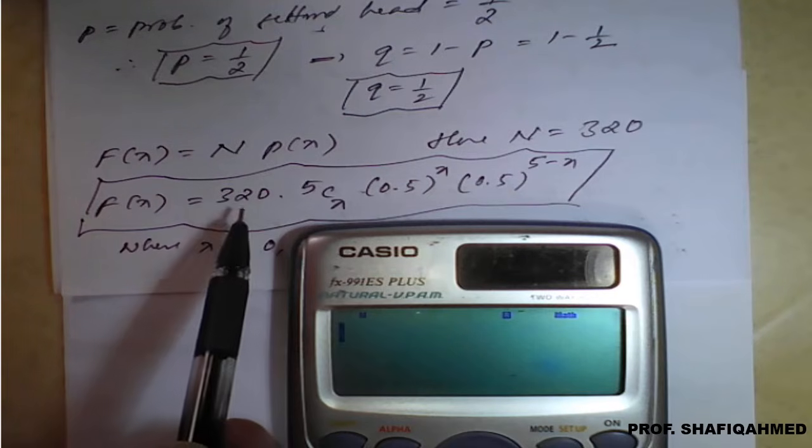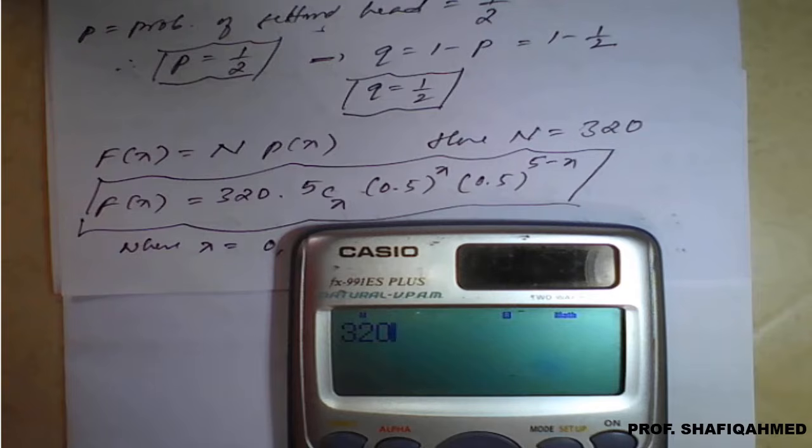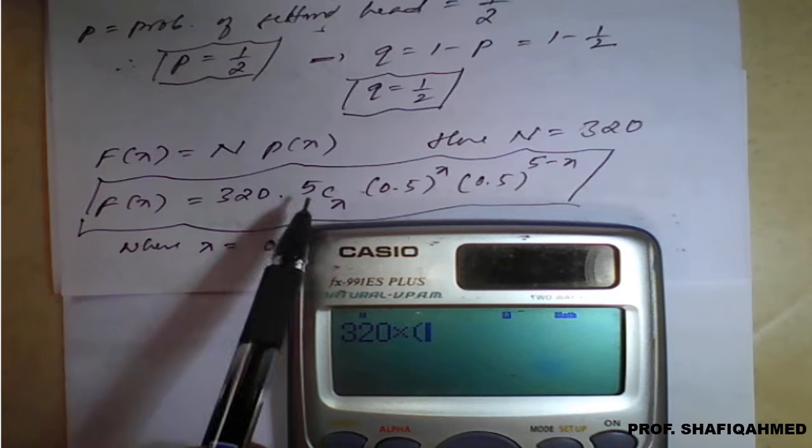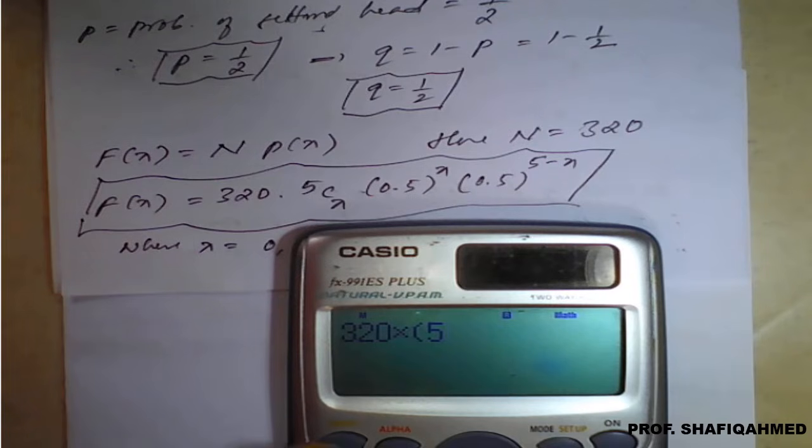I will fix this formula, that is 320 into bracket of phi Cx: phi, shift divided, you will get C, phi C x, x you use alpha x, close the bracket, into 0.5 raised to alpha x, close the bracket, into q value, that is 0.5 raised to n minus x, that is phi minus alpha x, close the bracket, again close the bracket. Now the calc option, we'll see now.